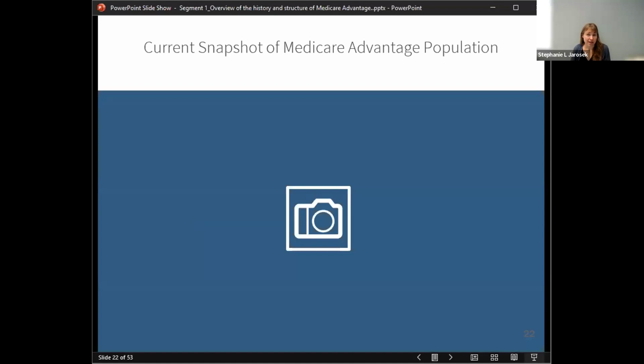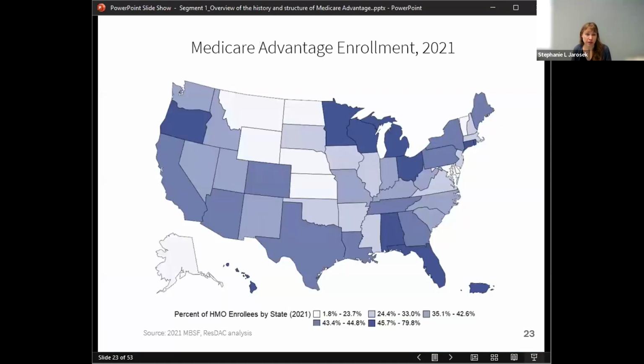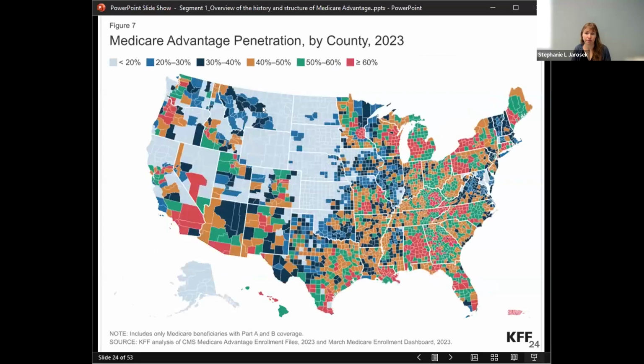Here is a current snapshot of the Medicare Advantage population from 2021, which is the most recent final data that we have. You can see there's definite geographic variation in Medicare Advantage enrollment. In Minnesota, where I am, we have pretty high Medicare Advantage enrollment, but there are states in the mountains where relatively few people are enrolled.